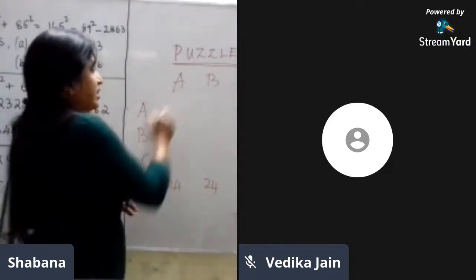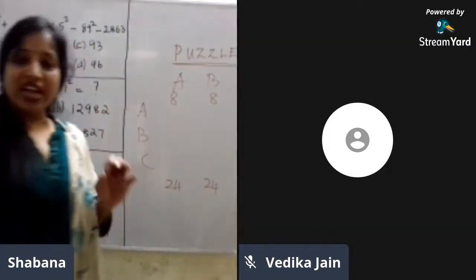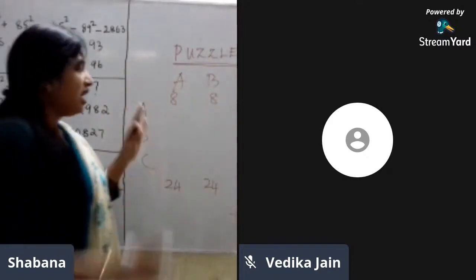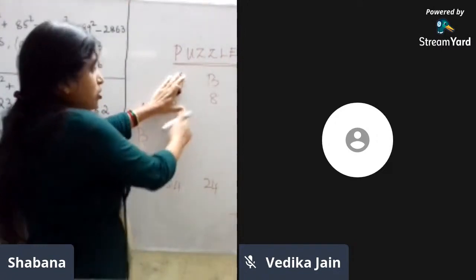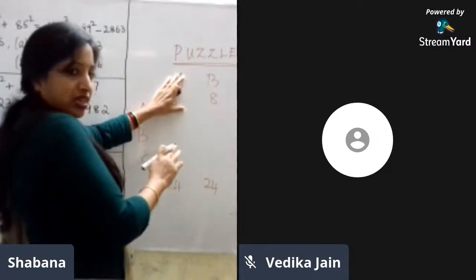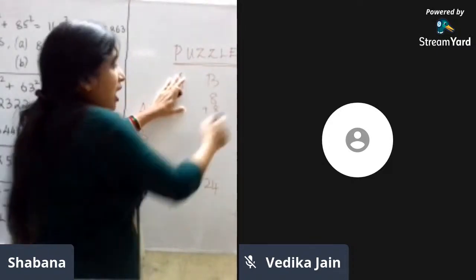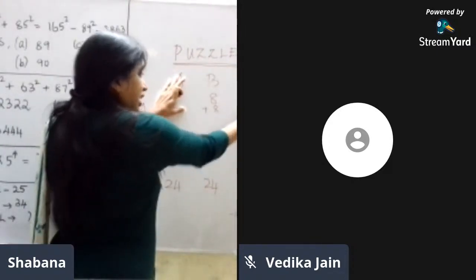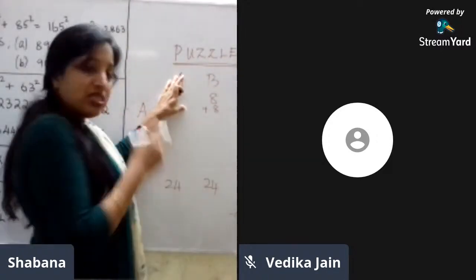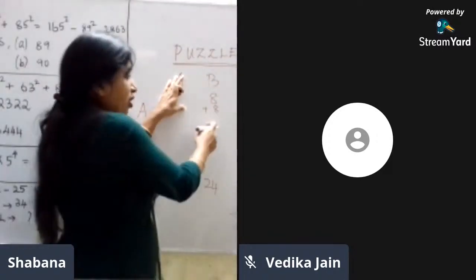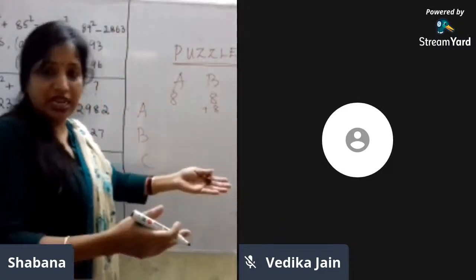If you say that they had 8 tractors each in the beginning, imagine, A gives tractors to B and C. So if B had 8 tractors, A must have given another 8 tractors to B, and A must have given another 8 tractors to C. Which means that A must have had a number of tractors more than C. It has already given 8 and 8, 16 tractors. It has already lent.